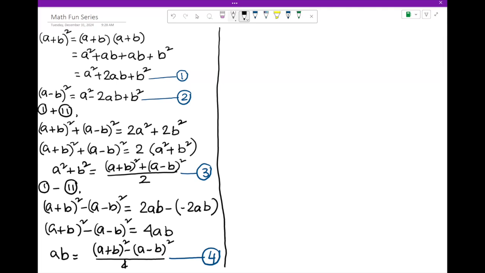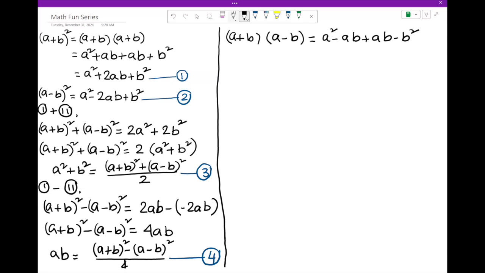So let's move on to the next one. What we can do is actually multiply a plus b into a minus b. Let's see what happens. We get a square, then minus ab, then plus ab, minus b square.